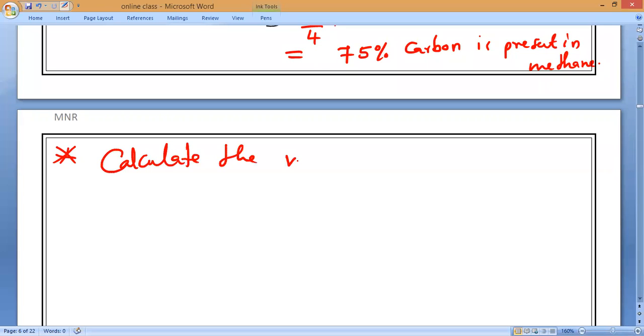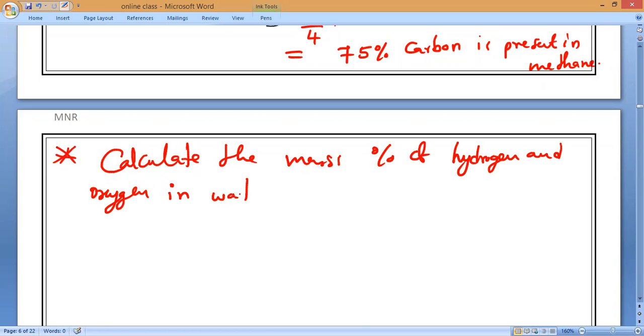Calculate the mass percentage of hydrogen as well as oxygen in water. So what is the water formula? H2O. Okay. So let me see how many of you will solve, and you have to continue from here. We will continue in our tomorrow's class.